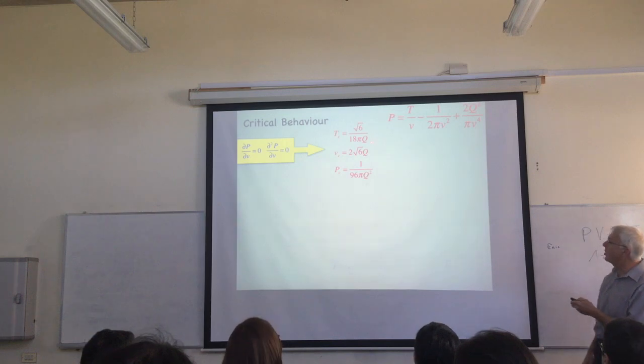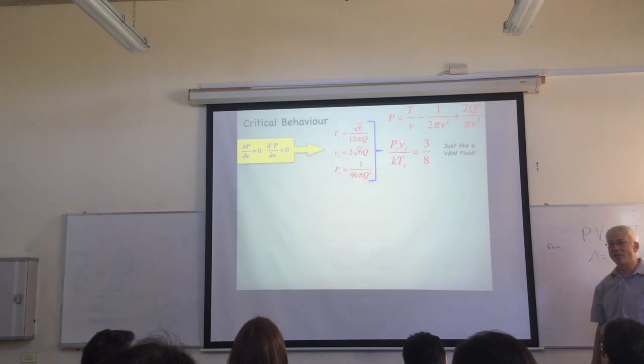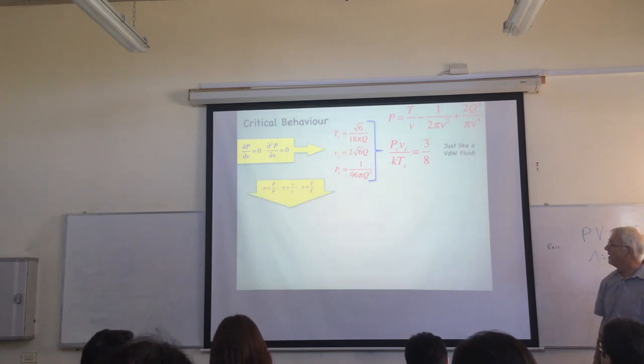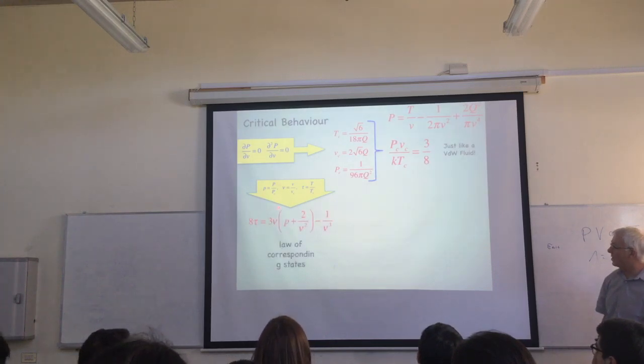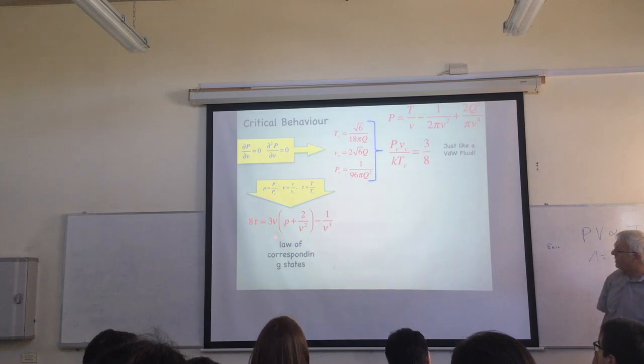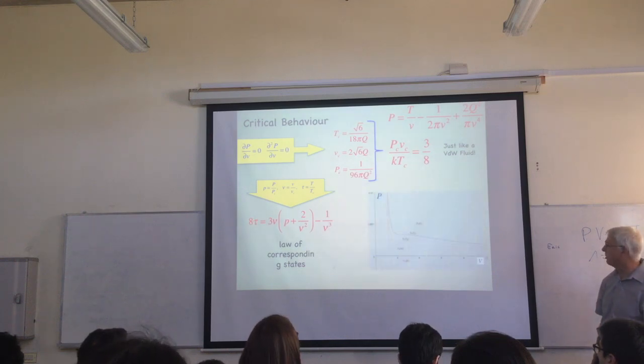These are given in terms of this control parameter, and curiously enough, you get 3/8, just like a Van der Waals fluid. If you rescale things in terms of criticality, this is what the law of corresponding states looks like. Not exactly the same as a Van der Waals fluid, but qualitatively similar.